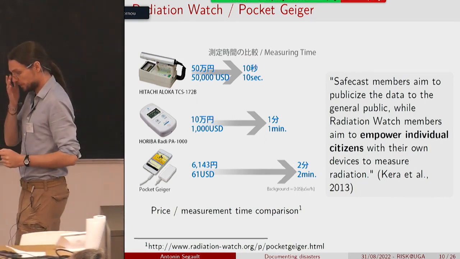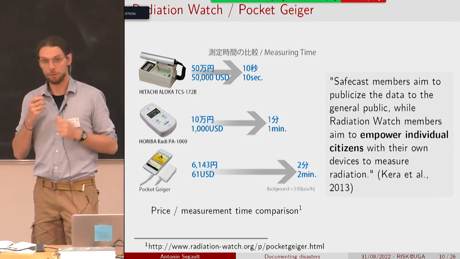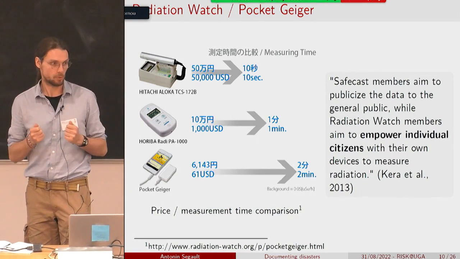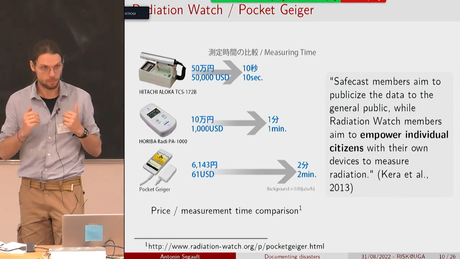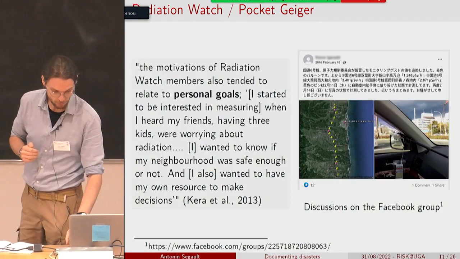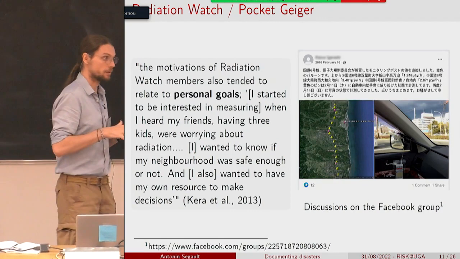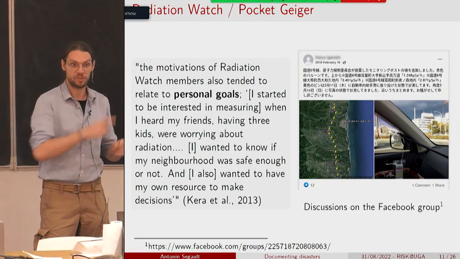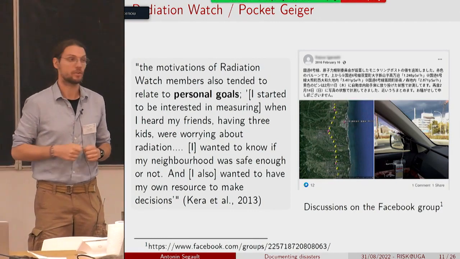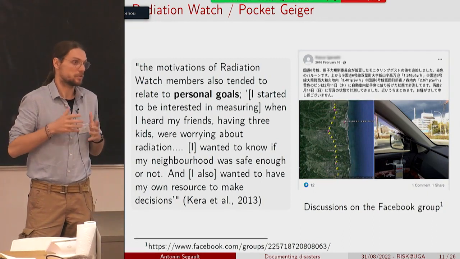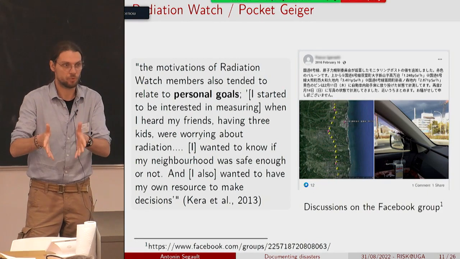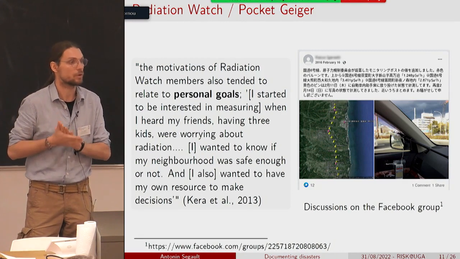But the aim was to provide more devices to more people so that people can measure their own environment and make decisions based on this kind of data, deciding whether they will go to this park or that park, deciding whether it is doable to use that garden and grow vegetable in it or not.